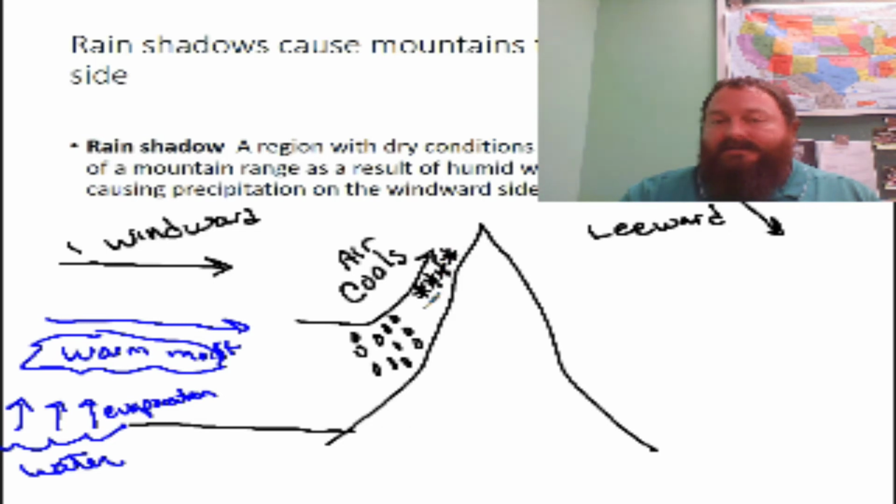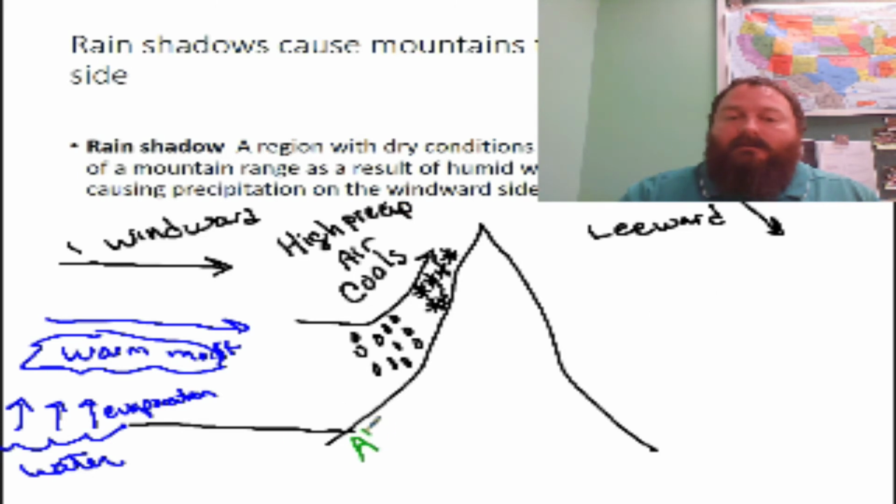And again, that will determine, based on seasons and things like that as well, what that elevation is. But again, we're going to have the rain and the snow. So we have an area of high precipitation on the windward side, and that high precipitation allows for abundant vegetative growth.